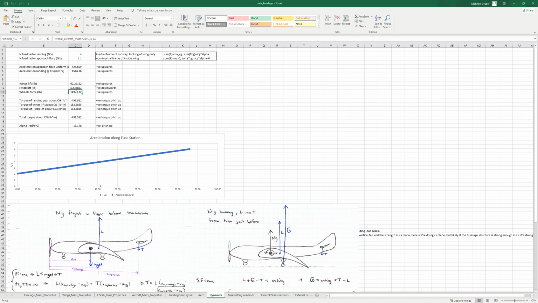Now, as we saw in the previous sheet, the location of the lift, and thus the resulting HStab force required, is a function of the lift value itself.